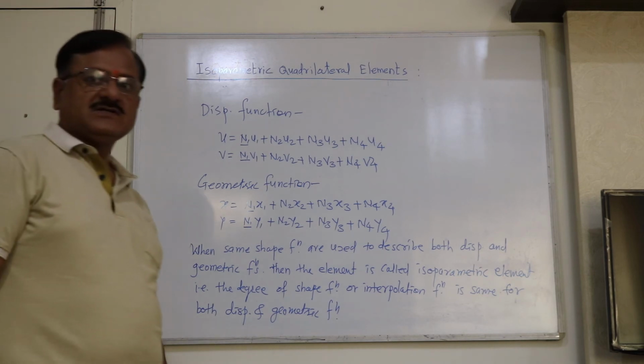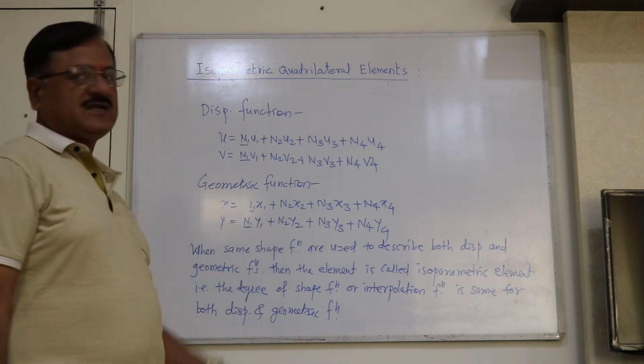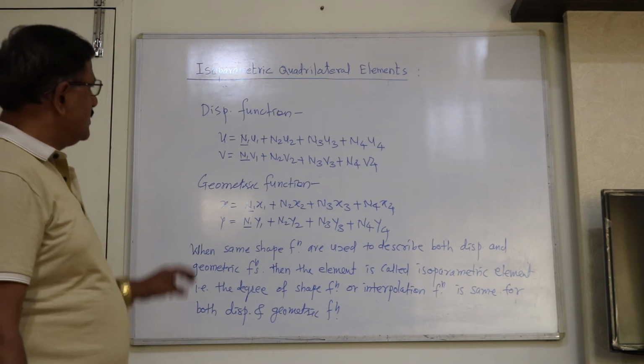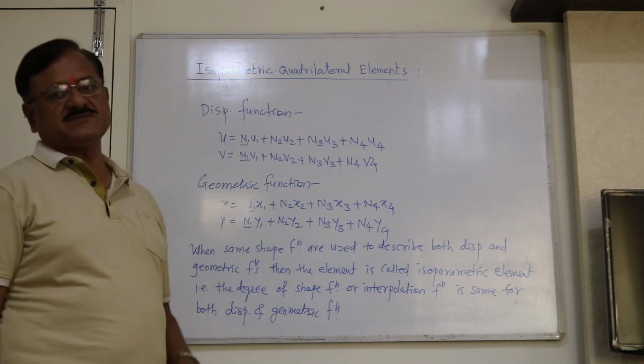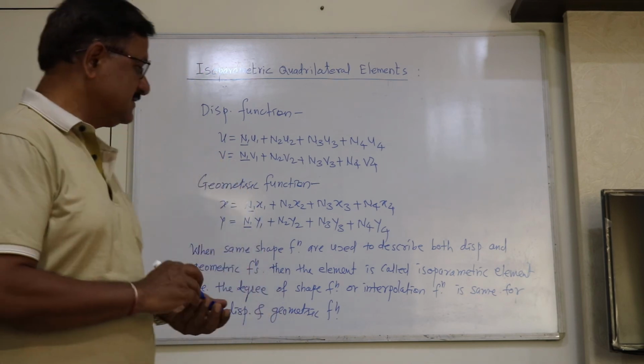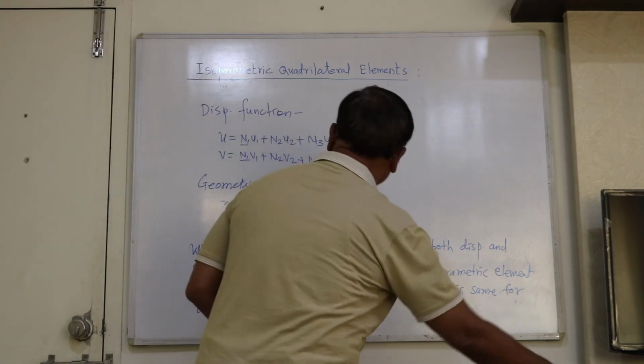So this is what is meant by the isoparametric element. Now, how to formulate the element stiffness matrix for the quadrilateral element, that we have to see.